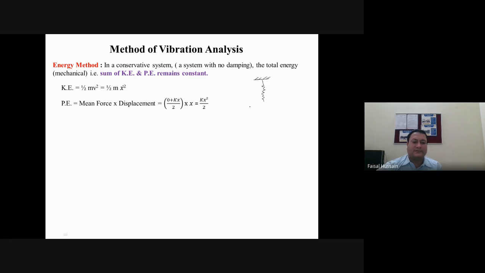Here, this is my spring having stiffness k, and here there is a mass. It has displacement x, and the system is in static equilibrium.